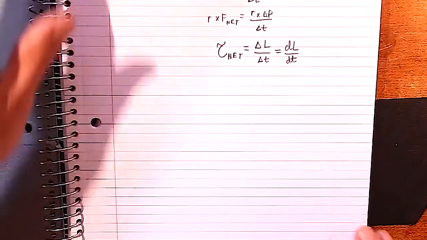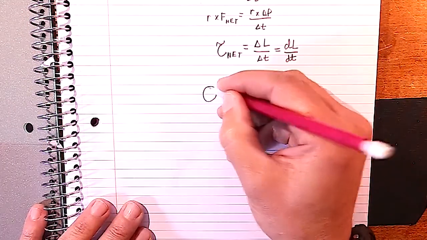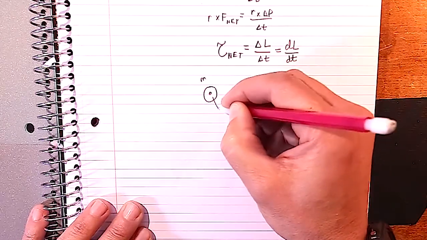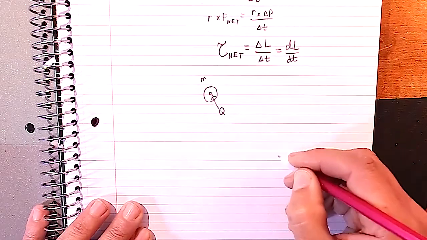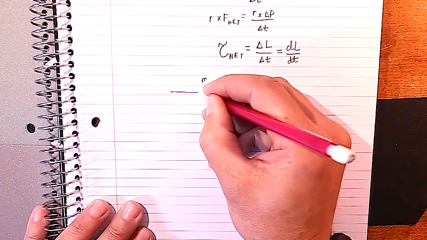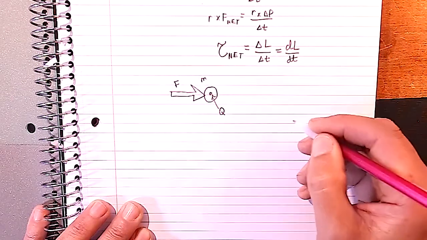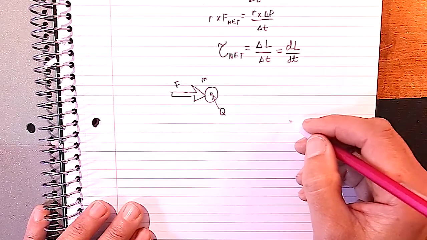So what if we have a mass, and we'll say again it's mass m, and we choose that point right there to be our origin, our point Q, and we apply a force to it. So the question is, are we going to see a change in angular momentum?